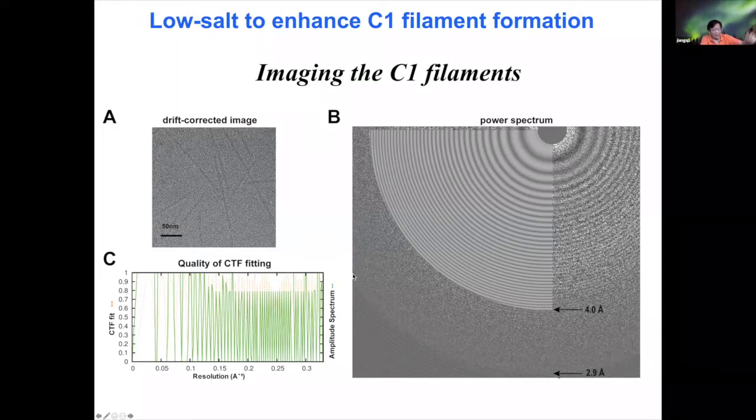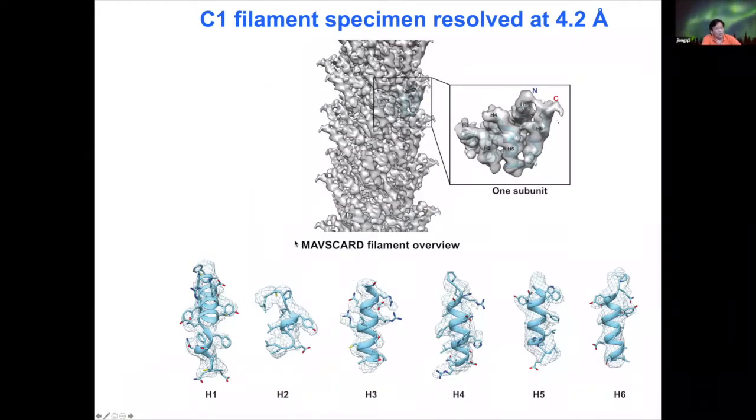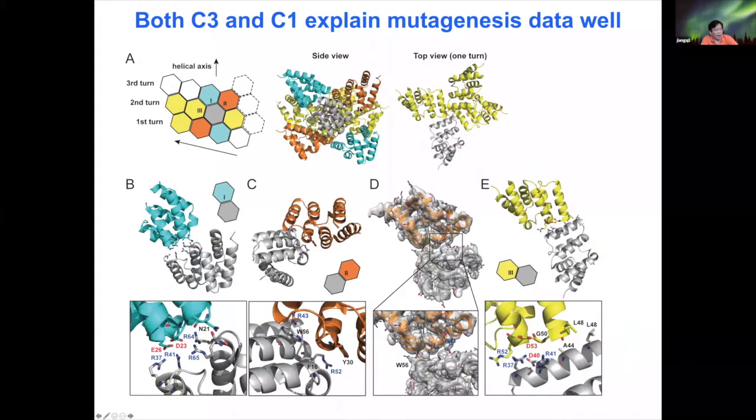And using the computational algorithms, we were able to resolve the 3D structure at 4.2 angstroms. At this resolution, we are able to see bulky side chains pretty well. And using the X-ray structures of the CARD domain, we were able to build the atomic model. Both the C3 and C1 models can explain a large number of mutagenesis data we have developed in the lab.